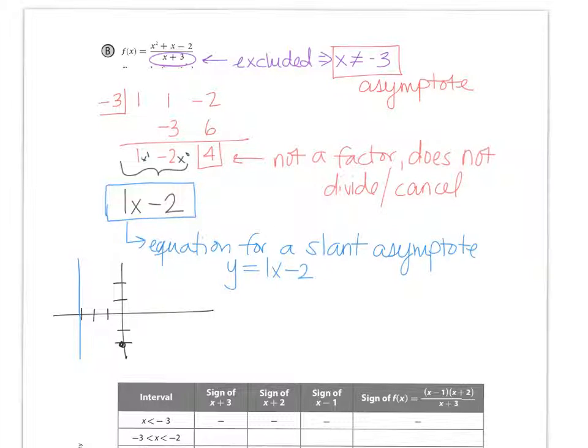So -2, up 1 over 1, up 1 over 1. So I'm going to have another asymptote that runs this way. This is going to look kind of funky. My graph starts in this corner, and it's going to look like this and like this. So just keep that in mind. That's what that slant asymptote is going to look like.